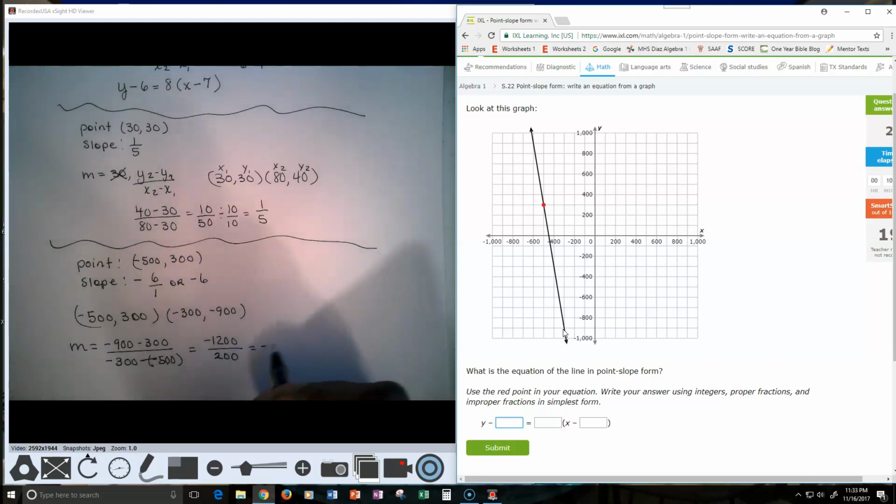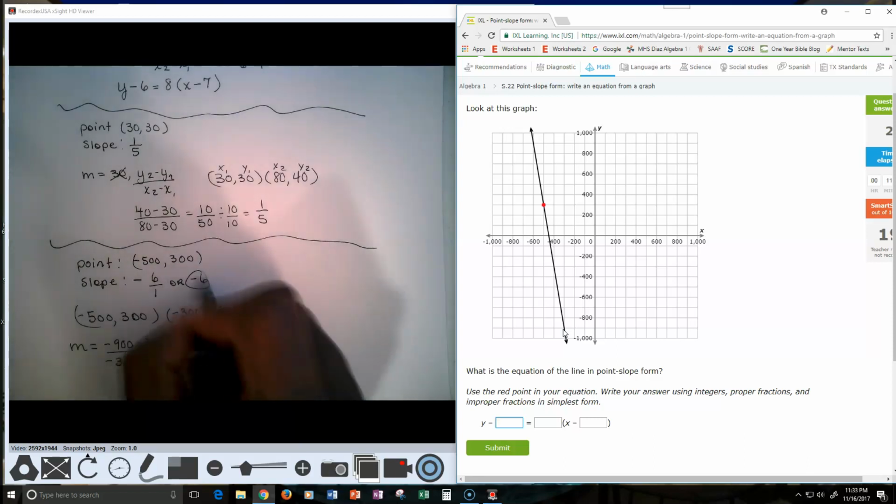That would equal, let's see. We can divide, before we get there, we can divide both top and bottom by 100. So that cancels out the 2 zeros, and we have negative 12 divided by 2, which is indeed negative 6. So this matches.